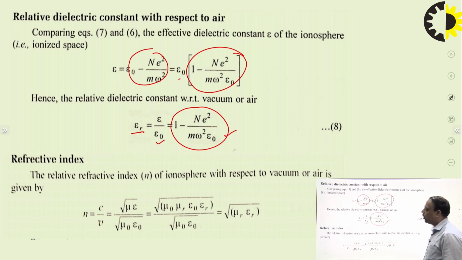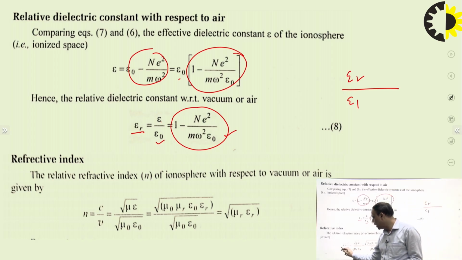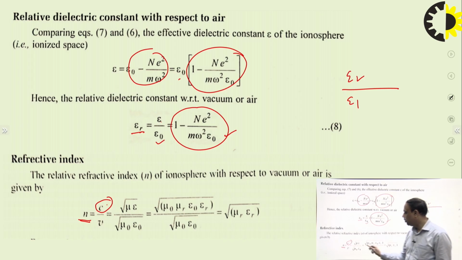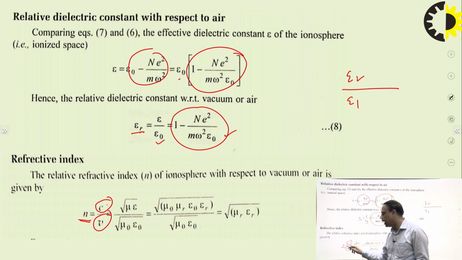Now, for the refractive index of any two layers, when there is an interaction between two media, with epsilon 1 over here and epsilon 2 over here, the refractive index n is equal to c by v, where c is the velocity of the wave in one medium, while v is the velocity of the wave in the other medium.